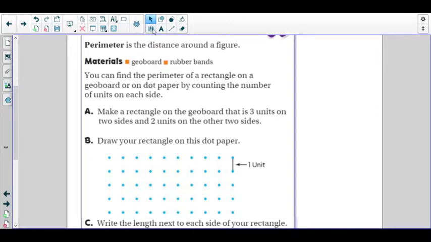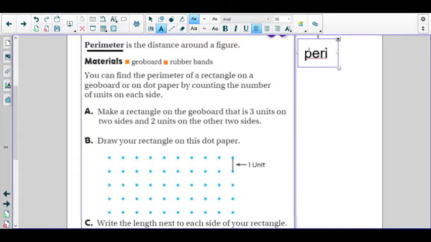Very quickly, I want to take a look at the word perimeter. Perimeter is the distance around a figure. If we were to break this up, the word peri means around. Think of a periscope, which can see all around.